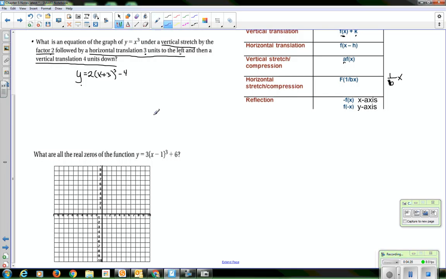It goes through the origin. It goes through -1, -1, and 2, 8. So it looks like this, that's our classic cubic function, y equals x cubed.